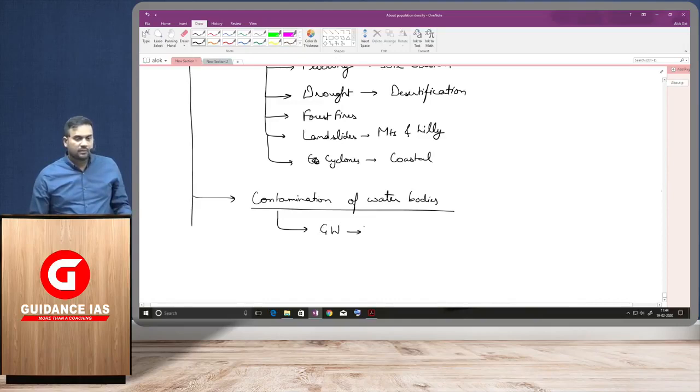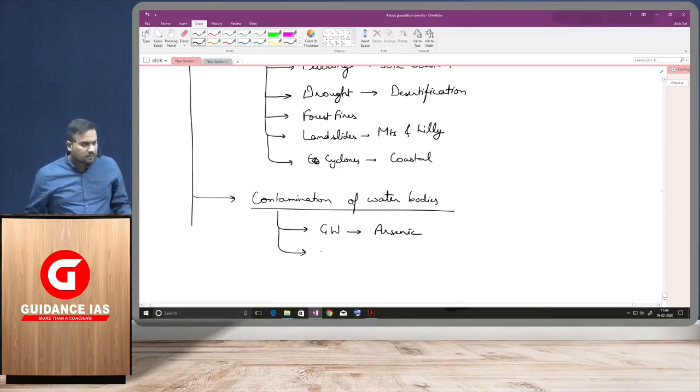So groundwater contamination can be related with natural features like the presence of very commonly arsenic in the groundwater. It is the result of what? It is the result of chemical weathering. Okay, very dominant in the northern Indian plains. So that is one of the issues related with the water bodies.